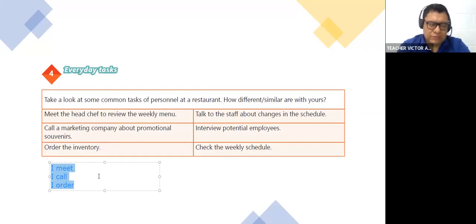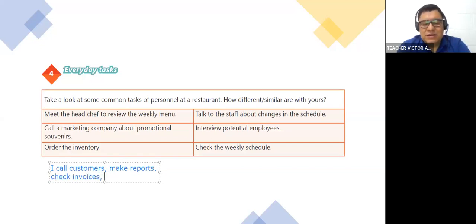Well, I call customers, make reports, check invoices, send documentation to, and then you continue, right? If you notice, just like the very first one, we can use a pronoun, but for the rest, it's not that necessary, okay?